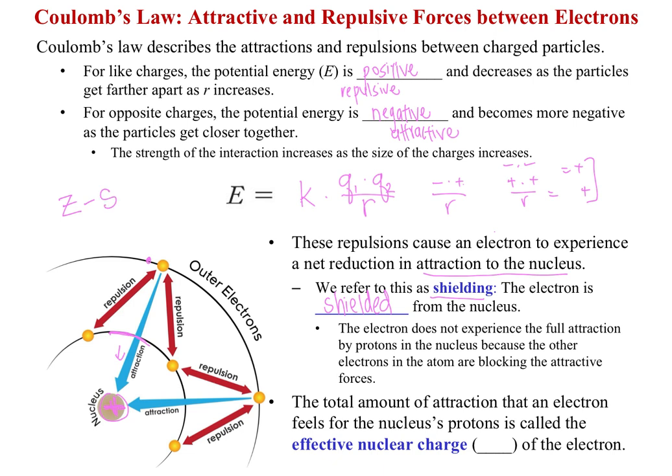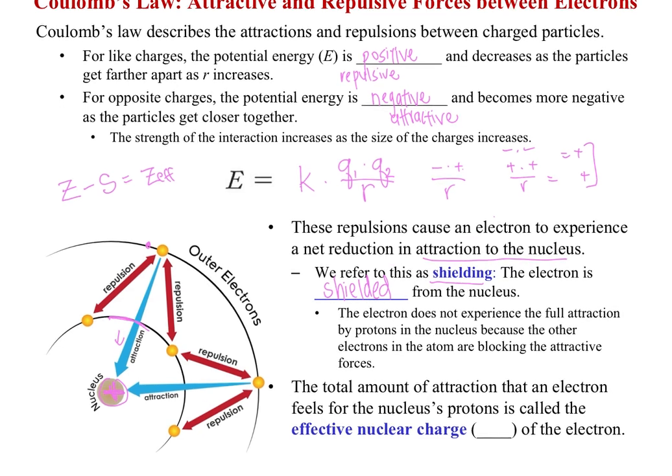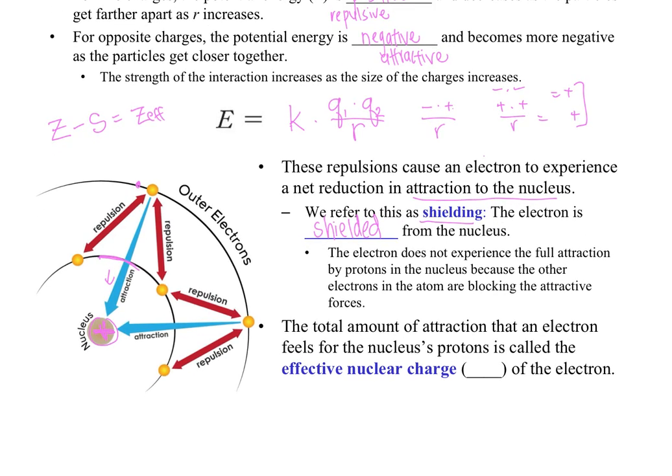So we put minus the shielding. And this is going to be the net charge that the outer electrons feel. This is called effective nuclear charge, or Z effective. So the total attraction that the outer electron feels toward the protons in the nucleus.